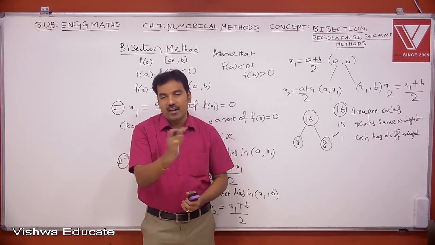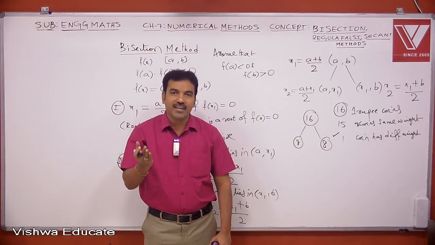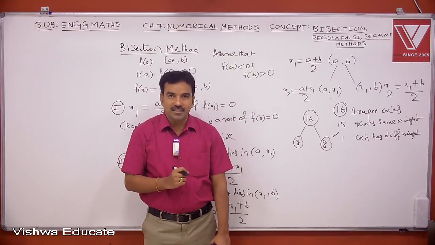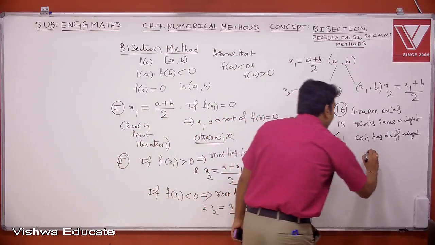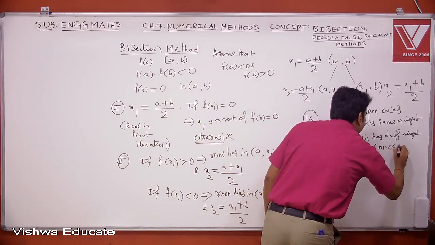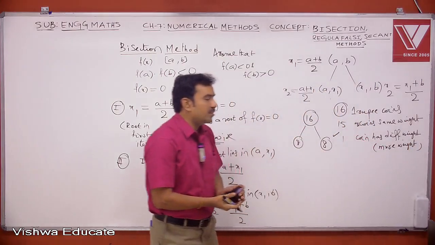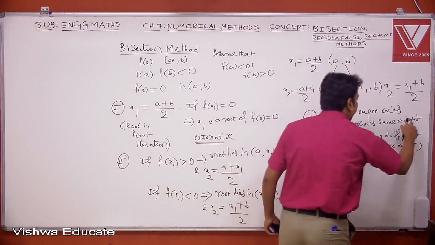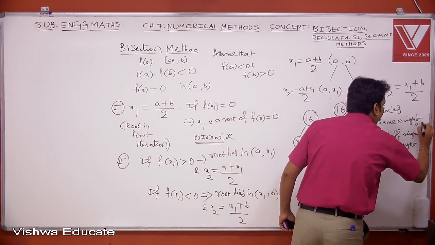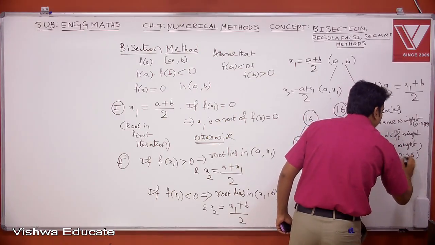Suppose the leftmost 8 coins are going down and the rightmost 8 coins are going up. Suppose the faulty coin has more weight. For example, 15 one rupee coins have the same weight, 0.5 grams, and this one is 0.55 grams.